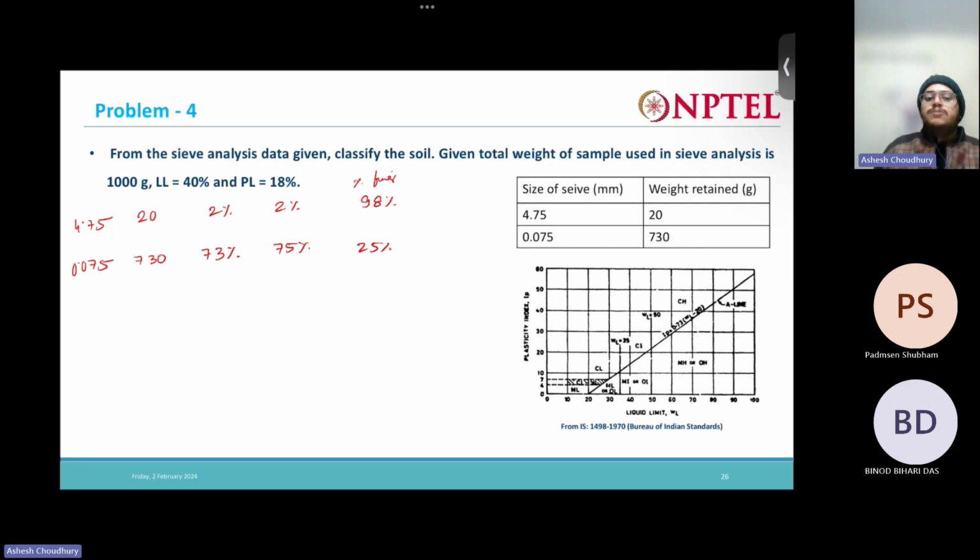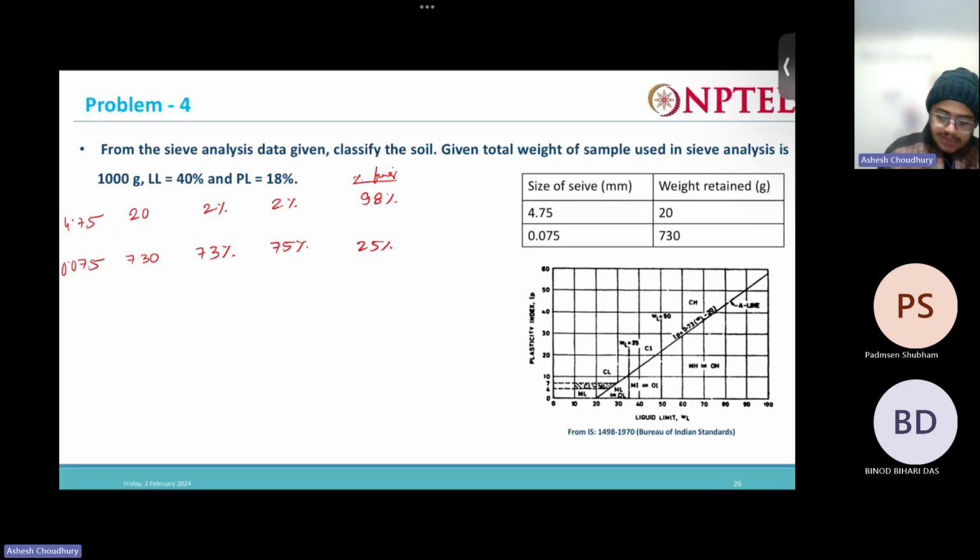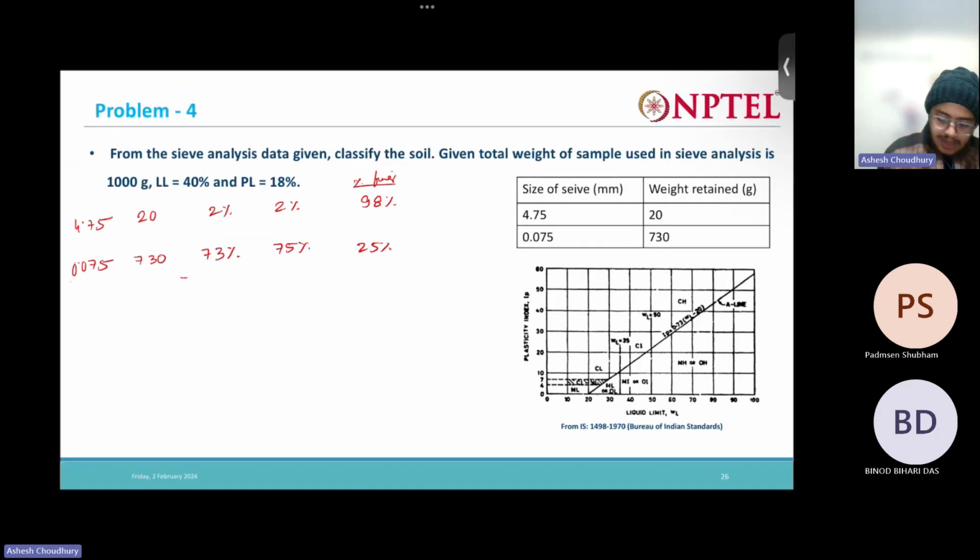Understood why it is coarse? If the percentage finer than 75 micron is more than 50%, then we can call it a fine soil. But here, corresponding to 75 microns, only 25% is finer. That's why it is a coarse soil, not a fine soil.